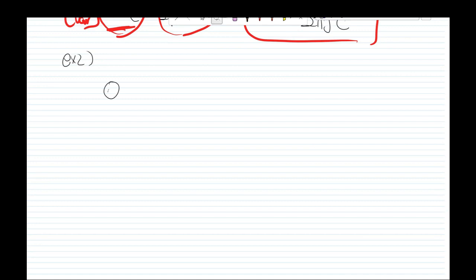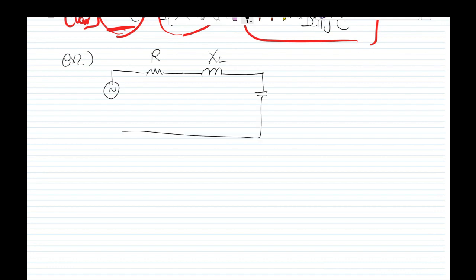The question is the same thing. The AC circuit, that is R, that was X of L, and that was X of C. The R is 6 ohm here. The page is 15, page 15 of the printout.